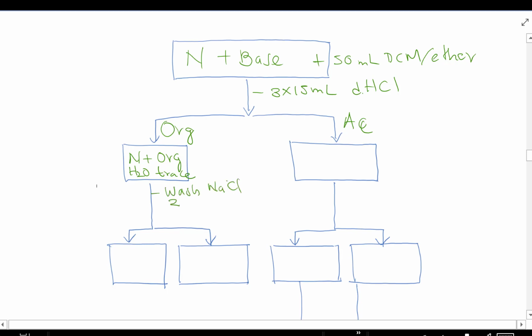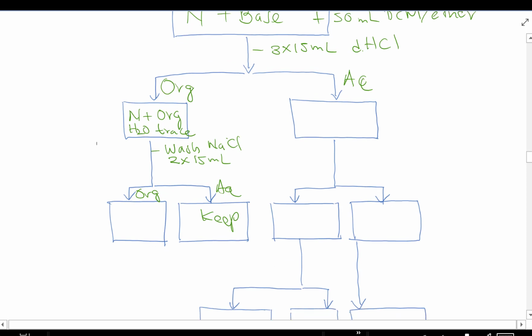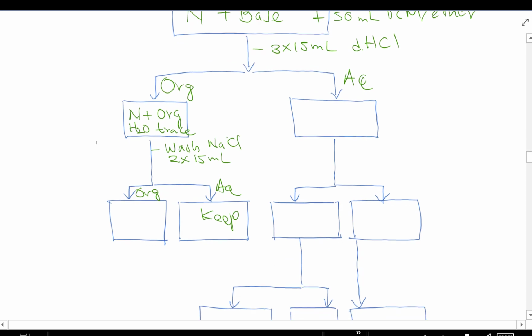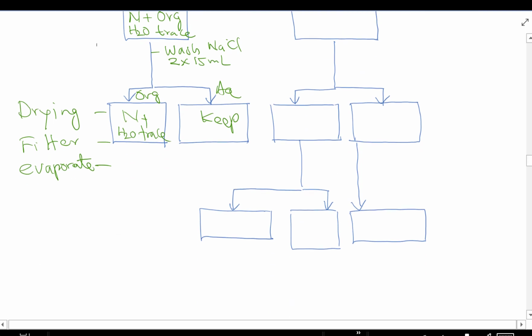So what do we do for the organic layer neutral? Wash with sodium chloride 2 times 15 milliliter extraction and separate the aqueous, keep the aqueous. And the organic layer, you have neutral compound and you have water traces. So that one you're going to dry with sodium sulfate, filtration with the gravity method, and then evaporate at the rotovap.